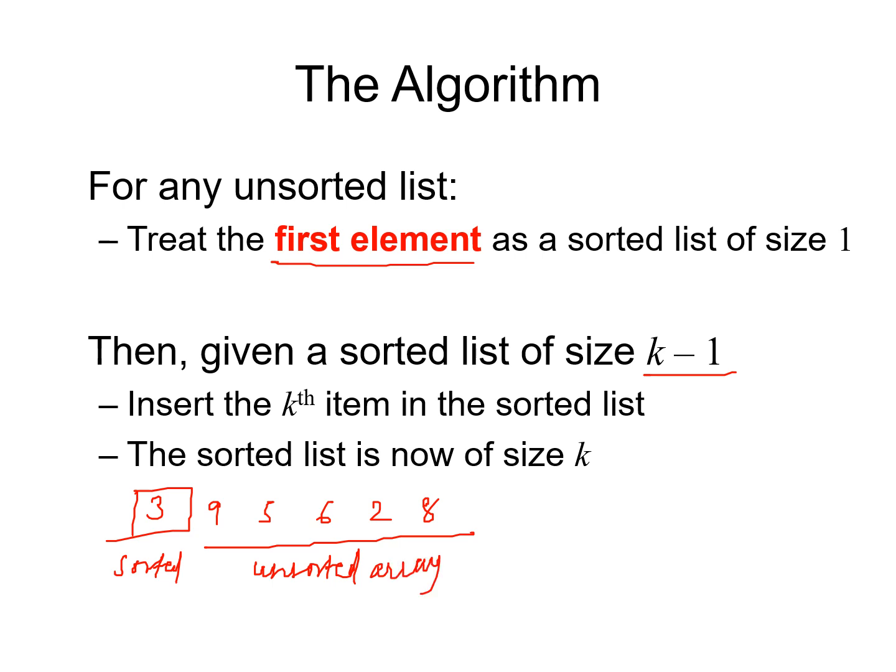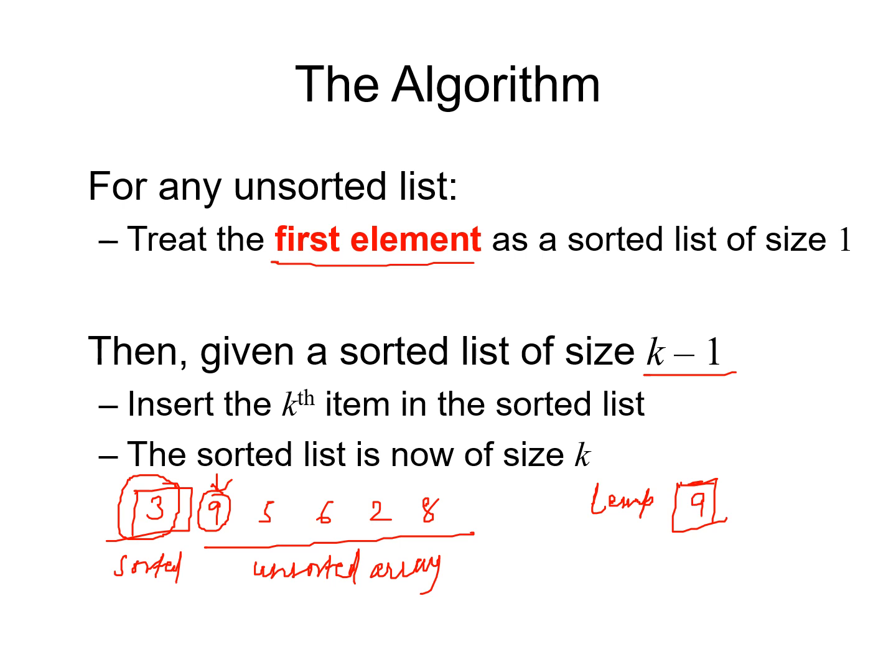From the unsorted array, you pick the first element and insert it into the sorted array such that the sorted array stays sorted. I want to insert 9. The element that I want to insert is kept in a temporary variable, so I'll store this 9 here.